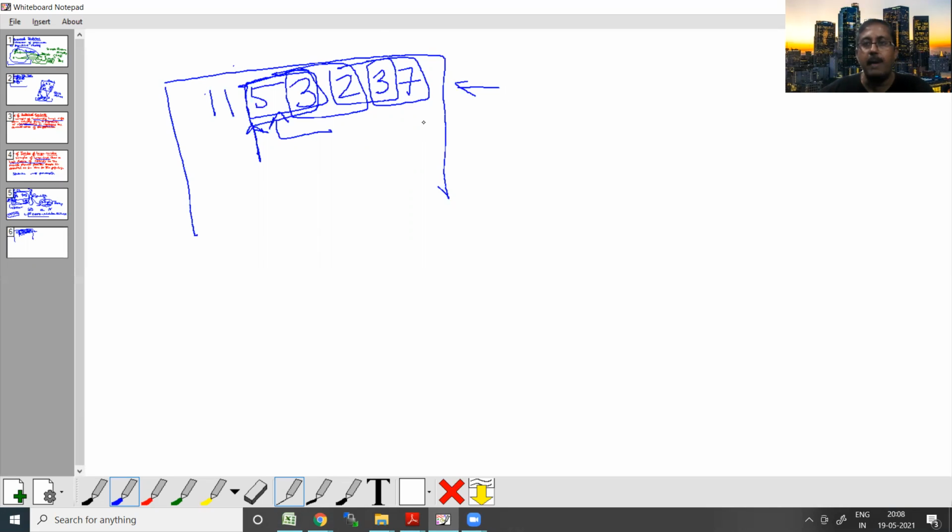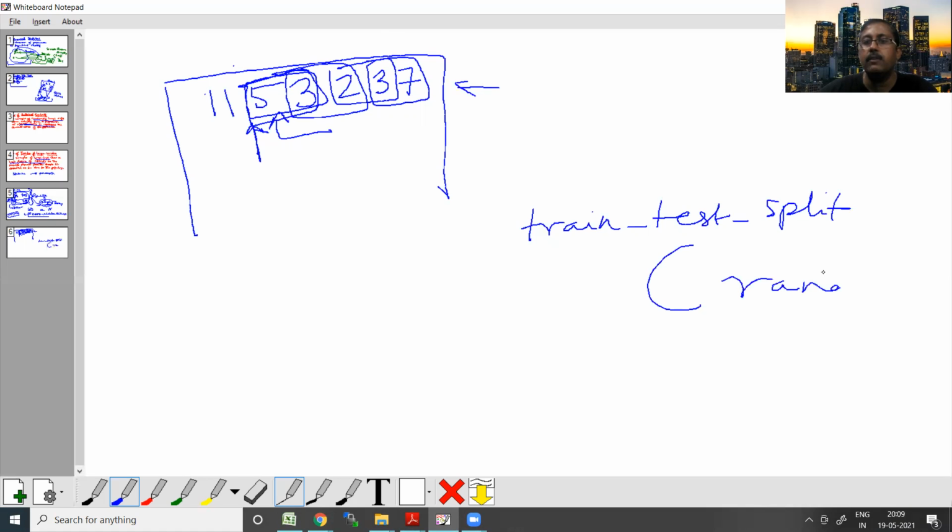If you look at Python code, or whichever language you work in, you will see the concept of random seed. When I do a train test split, there is a function in sklearn called train_test_split, and when I use it, I have a parameter called random seed, and I mention a specific value there. Even when I use R, there is a parameter for seed.